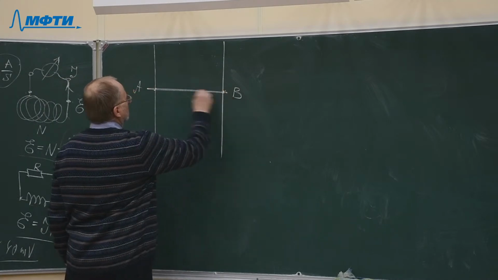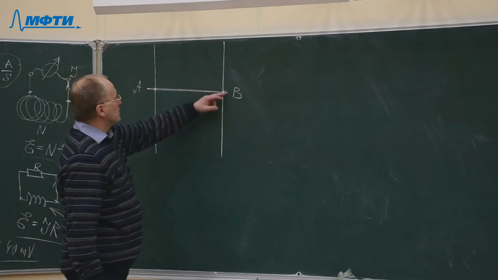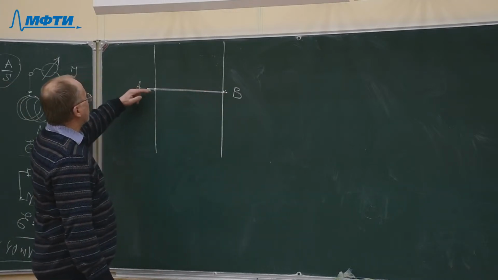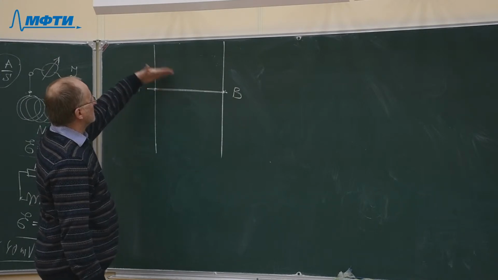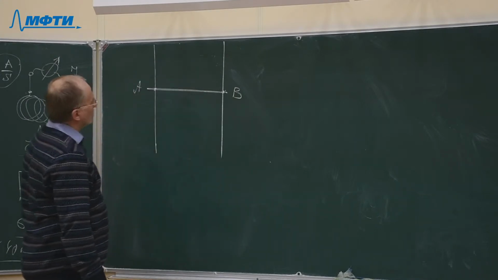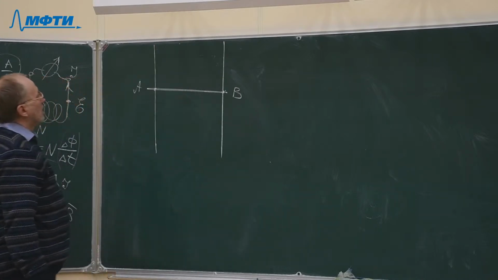Here we have an electric contact, but AB is not firmly attached or fixed on these wires, but it may freely slide along the wires, either upward or downward.